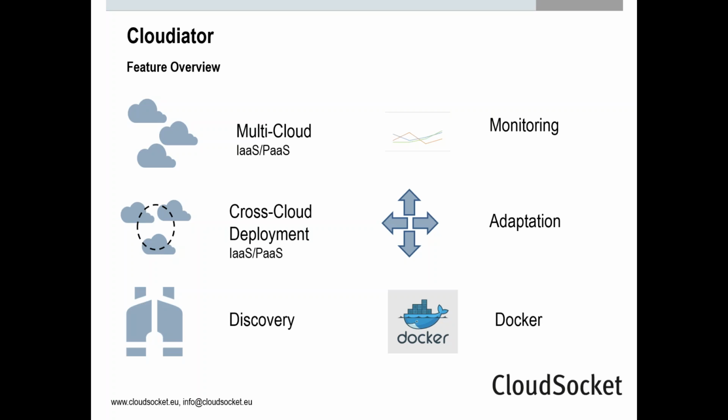So applications are usually deployed inside a Docker container, to ensure that if multiple software components are deployed on one virtual machine, each is dockerized in one container to ensure that there is no interference between these applications. This is basically the feature set of Cloudiator.